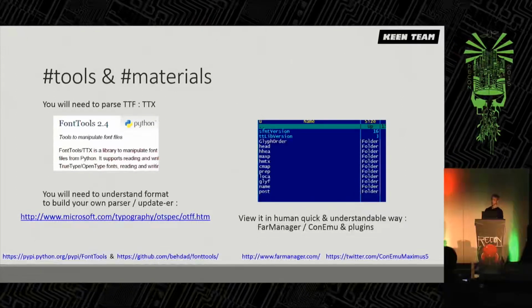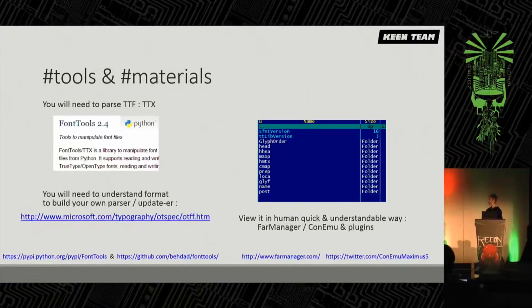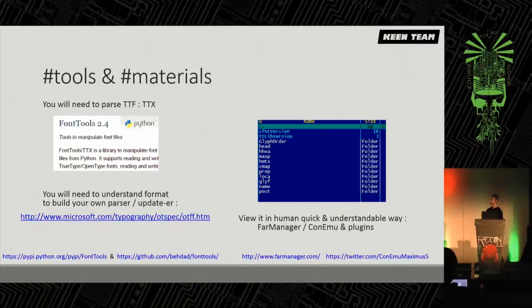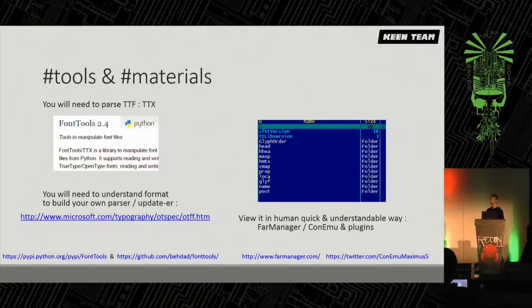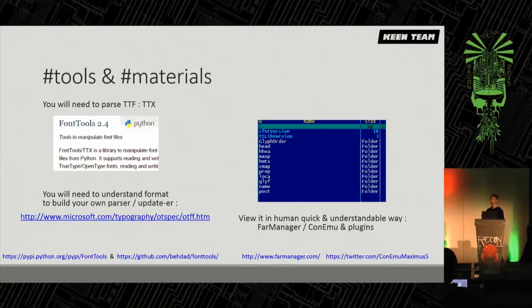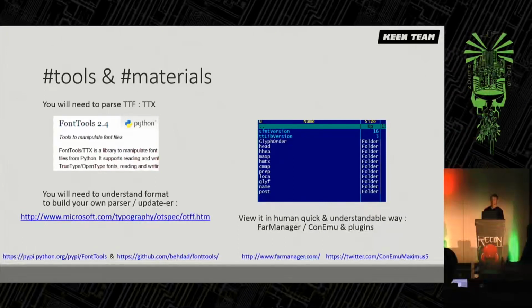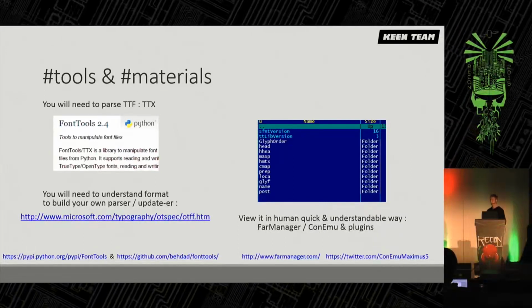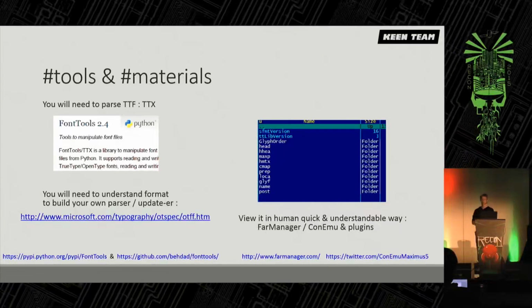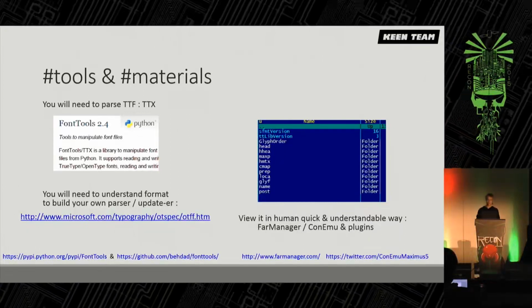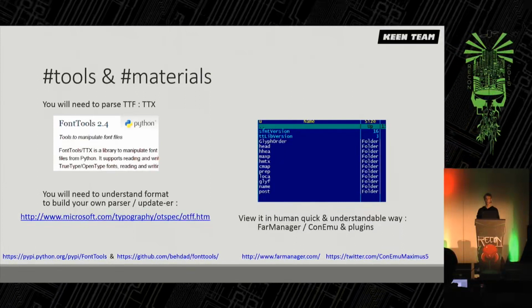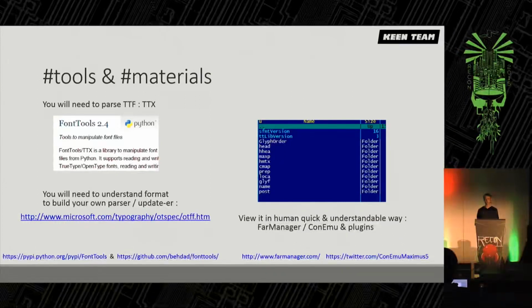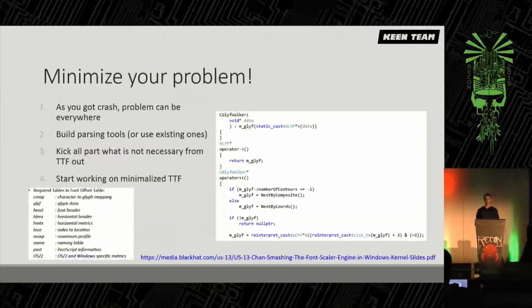In fact, I use, for example, FileManager and some plugins to go inside TTX and parse the information from TTF in a human readable and really quick way. You can see all of the tables, all of the properties in TTF really quickly. And you will also need to read the documentation about instructions, about the formats, this kind of stuff.